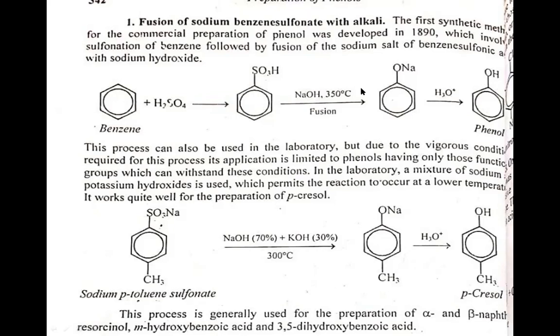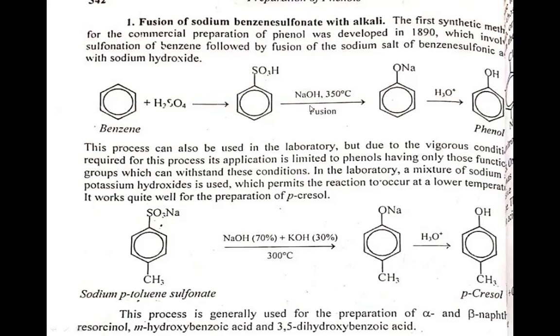So for that, we can use another method, and the other method is we will use a mixture of sodium hydroxide and potassium hydroxide. When we use a mixture of sodium hydroxide 70% and 30% potassium hydroxide for the fusion of sodium benzene sulfonate, the reaction is carried out at somewhat a low temperature, that is 300 centigrade.